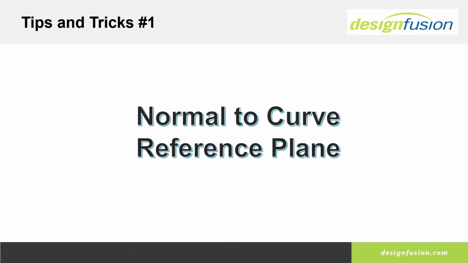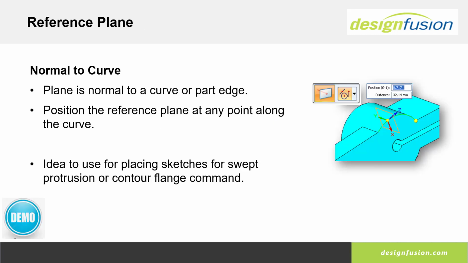The first tip or trick we'll look at is the use of the normal to curve reference plane. This reference plane can be used in ordered or synchronous paradigm, and it generates a plane that is normal to a curve or a part edge. And it literally follows that curve or edge and always remains normal to it.